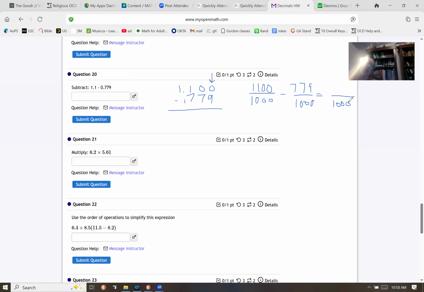And either put in the chat box what you got or unmute yourself and just say what you got. And we'll see if we all got the same thing.